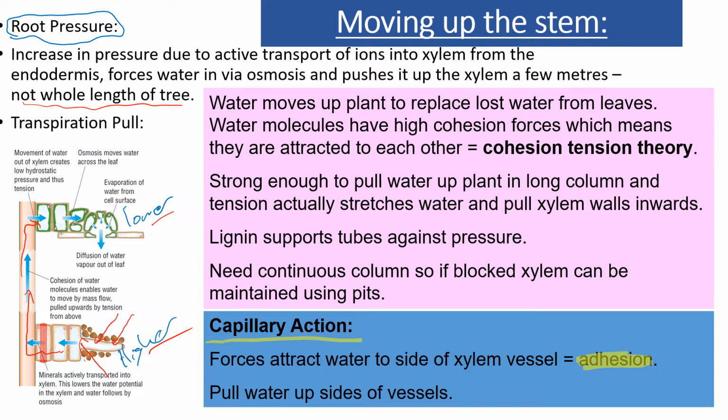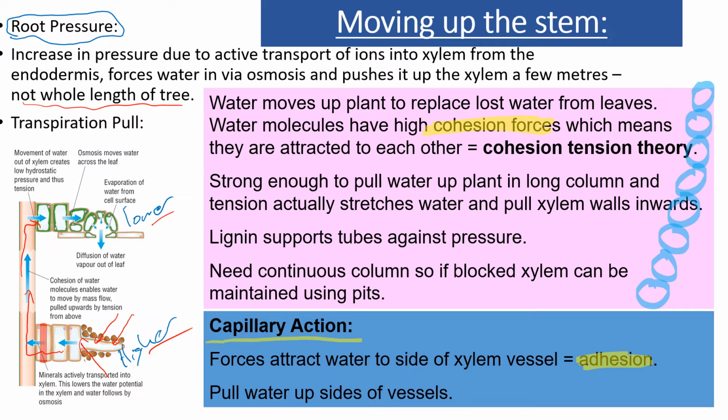But in addition to that, water is also attracted to each other. Because of hydrogen bonds, water has high cohesive forces. What this means is that one water molecule sticks to another water molecule, which sticks to another water molecule, and so on.